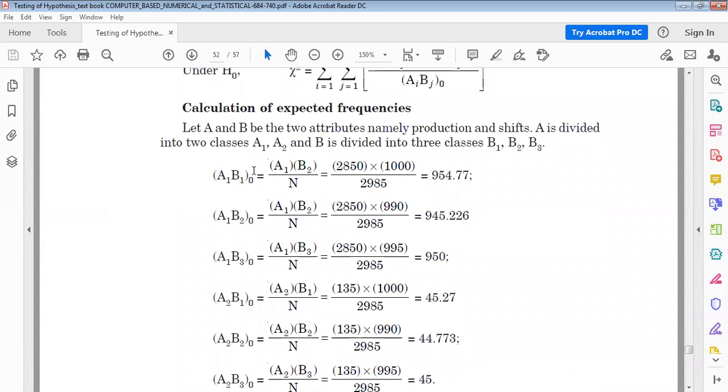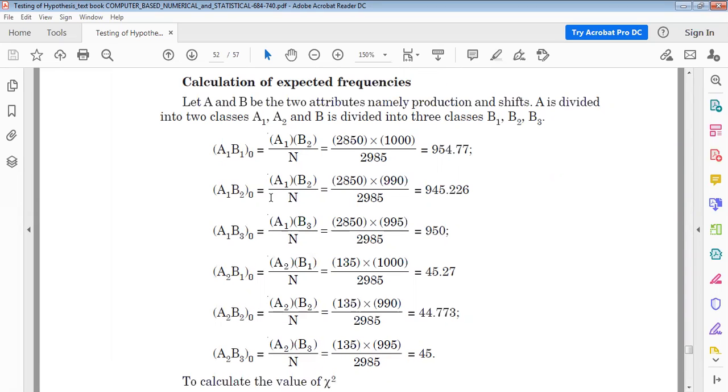The expected value of the first row, first column will be the total of the first row multiplied by the total of the first column, divided by the whole total. Now the first row, second column expected value: first row total multiplied by second column total, divided by the whole total.